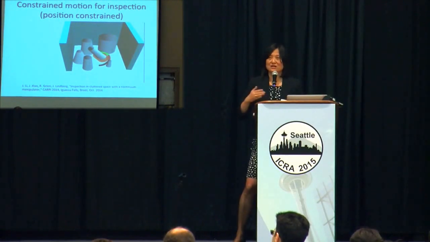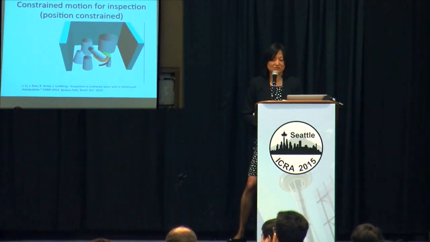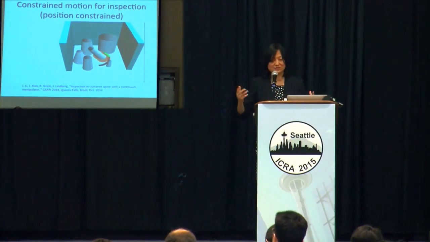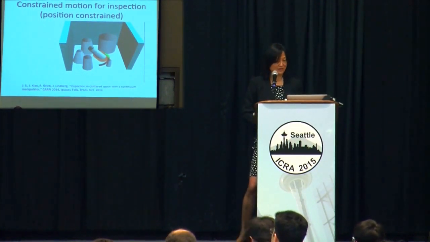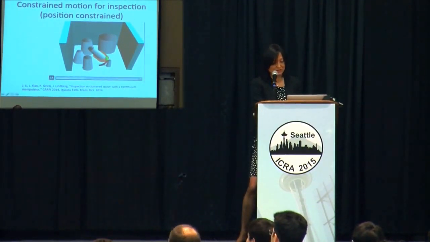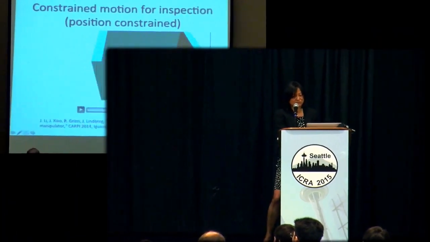So we start from a very limited subspace of configuration space to find a feasible shape and pose of the robot, and if necessary, we gradually increase the search space. This video is pretty long, so I'm going to speed it up, but it shows that you can cover the whole structure.